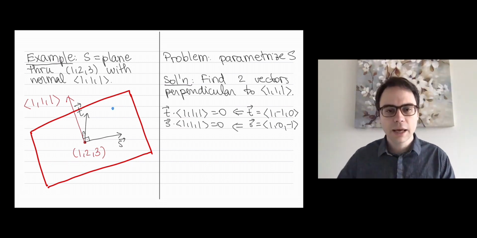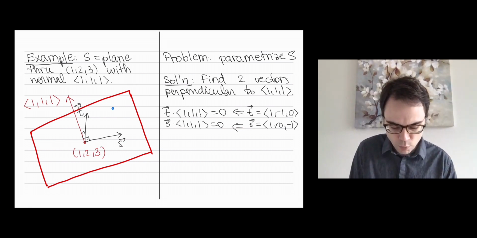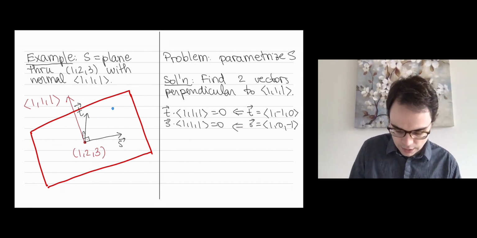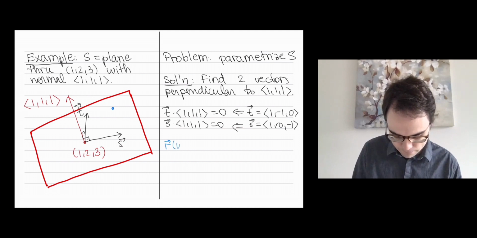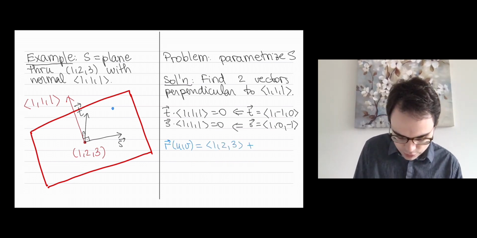It's a point on the plane. To get to this point, you start at 1, 2, 3, and then you go a certain amount in the S direction.